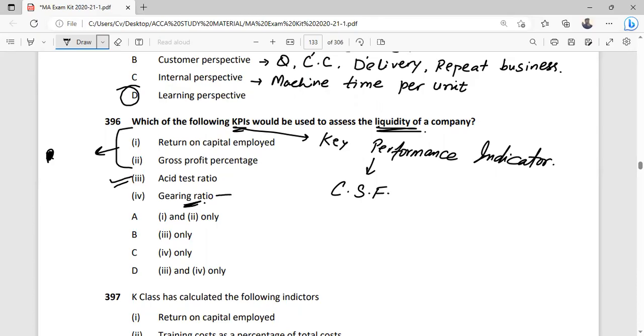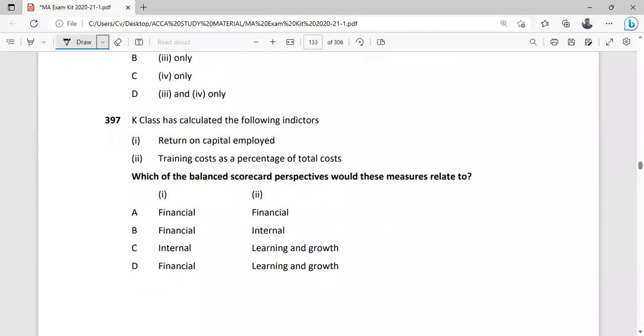So these are the measures of profitability. And acid test ratio and quick ratio are the measure of liquidity. Current ratio is also a measure of liquidity where we calculate how much current assets we have in comparison with the current liabilities. Any question?